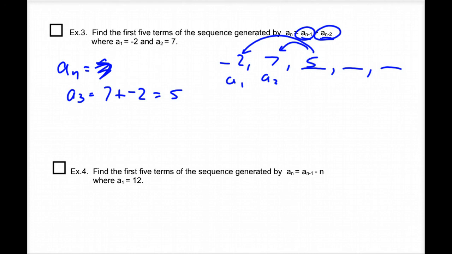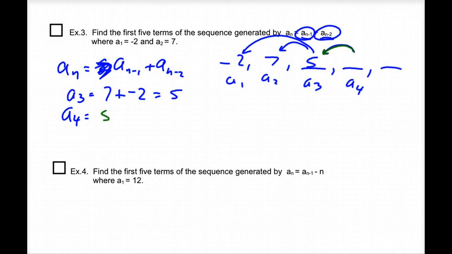To find my fourth term, I'm just going to write my pattern again here. To find my fourth term, I take 1 to the left, which is 5. I'll use a different color here. See what's going on. So I get 5. And I added 2 to the left, which is 7. And that gets me 12.